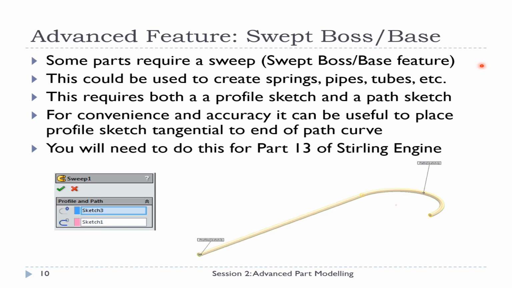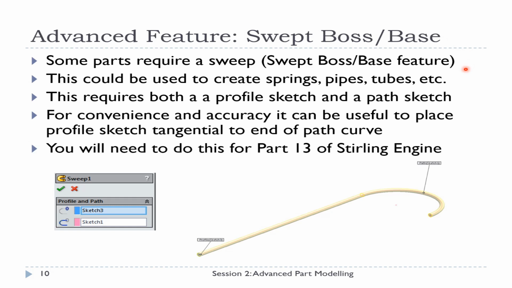We talked about the extrusions, we talked about the revolves, and we also said there are two other main feature types called swept and loft. So let's start with the swept.